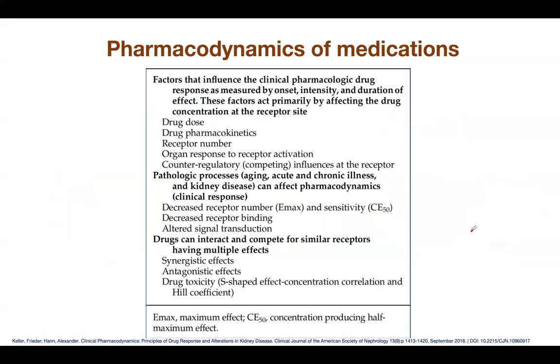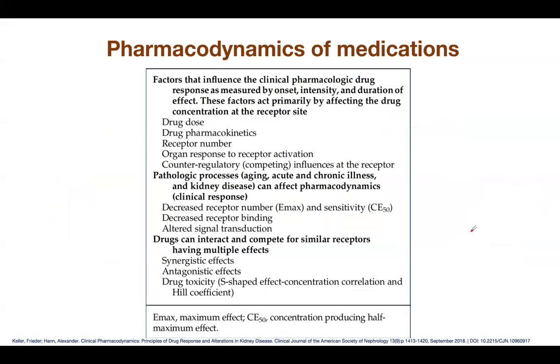There are certain factors that influence the clinical pharmacologic drug response as measured by onset of action, intensity, and duration of effect, and these factors act primarily by affecting the drug concentration at the receptor site.